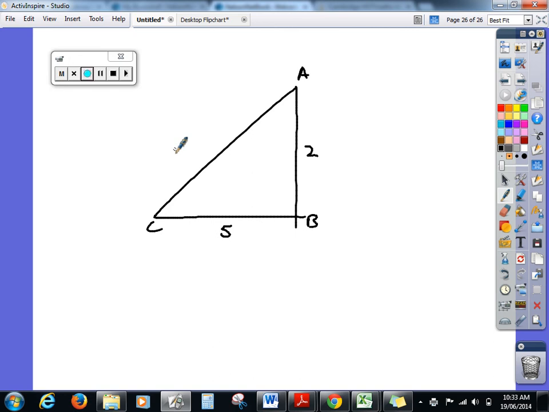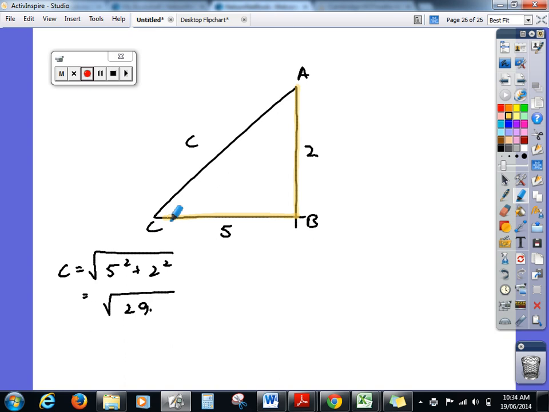So C would have to be the square root of 5 squared plus 2 squared, which is root 29. So when you find distances, you will find one side and then the other, and then apply Pythagoras' theorem to find the other, and if this is actually root 29, then we know we have a right angled triangle.